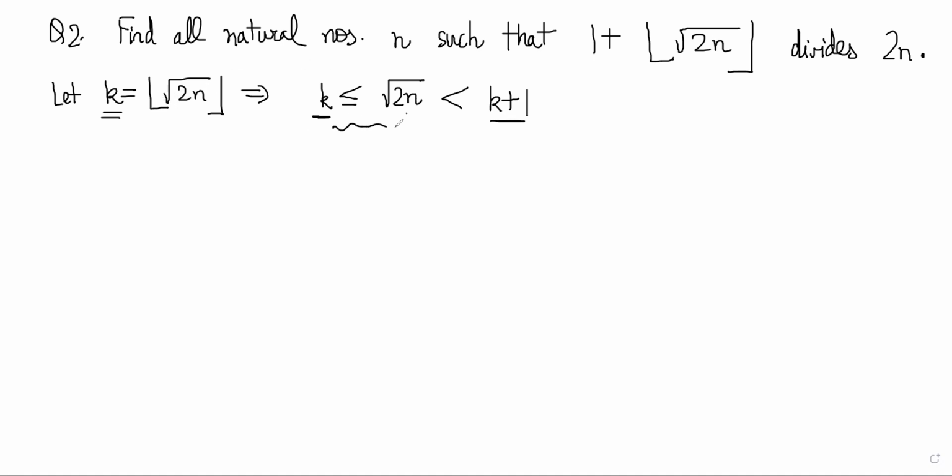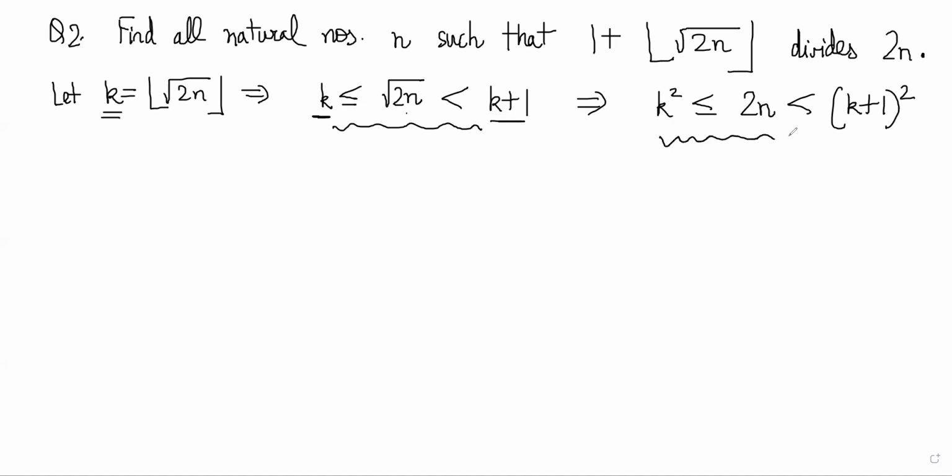Therefore, from here, if you square it, you'll get k square is less than or equal to 2n is less than k plus 1 square. This side, there is no strict inequality. It's a strict inequality this side, right? Great.